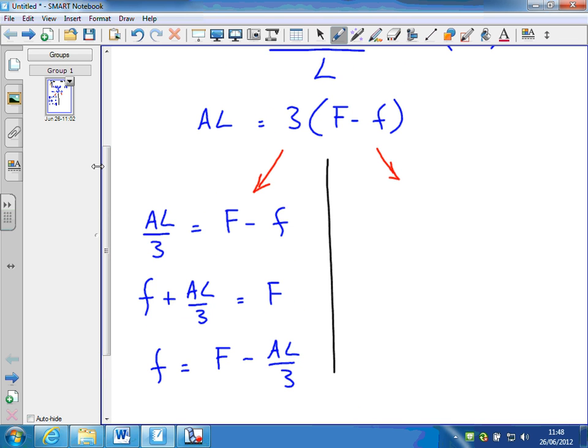multiply out the right hand side, so we get AL equals 3F minus 3f. Remember, we're aiming at getting little f on its own, so what do we do at this point? Carry on, see if you can isolate little f. So the term involving the small case f is negative, so add it to both sides.